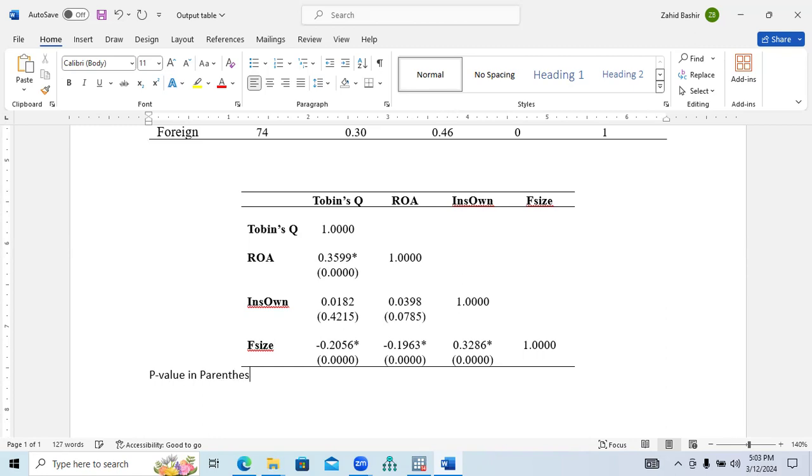Whatever you are looking at here in the brackets are basically the p values. So, what does the asterisk sign indicate? The asterisk sign indicates significant at 5%.